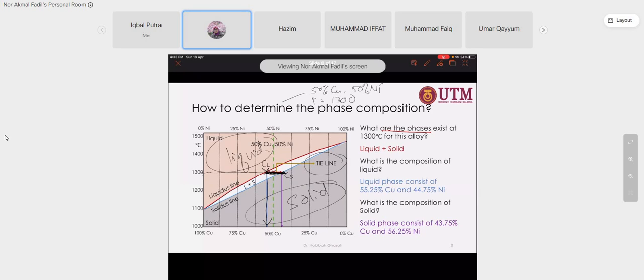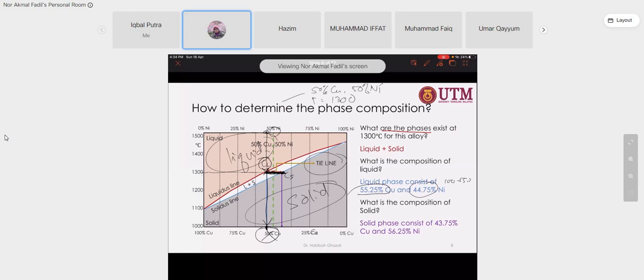Not 50%, somewhere here. If you look at this point, the composition of liquid is 55.25% of what? Copper. So nickel you can obtain by reading on top of it, or it is 100 minus 55.25.